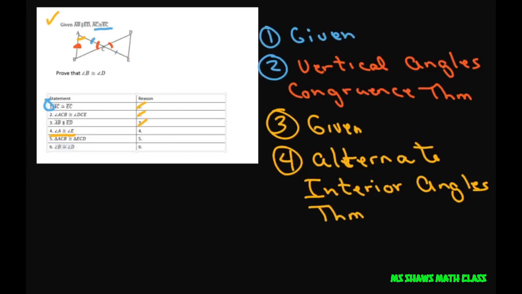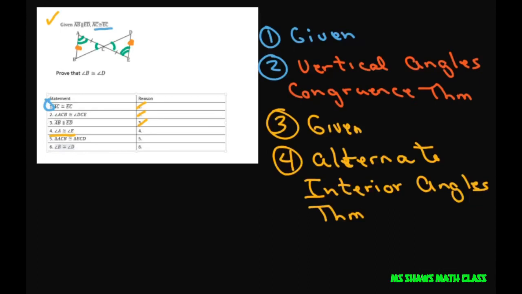So let's look at that. So we have these angles congruent, and these two are congruent because of the alternate interior angles, because these two lines are parallel, or the line segments are parallel.